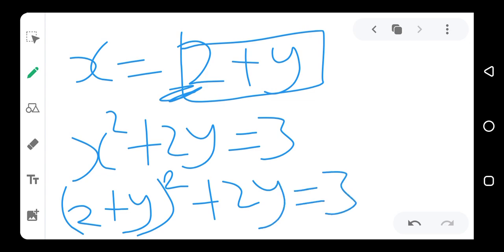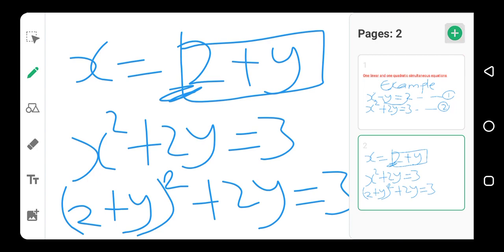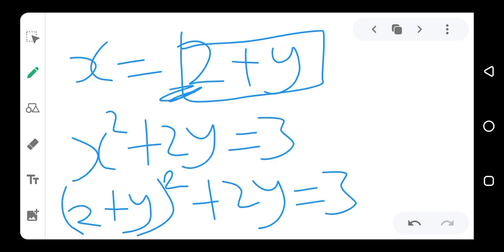Now we clear the brackets. If we clear the bracket, we are going to have, we use this power here and square this one. It becomes 2 raised to power 2, and use it to square this one. It becomes y raised to power 2. 2 raised to power 2 is 4.